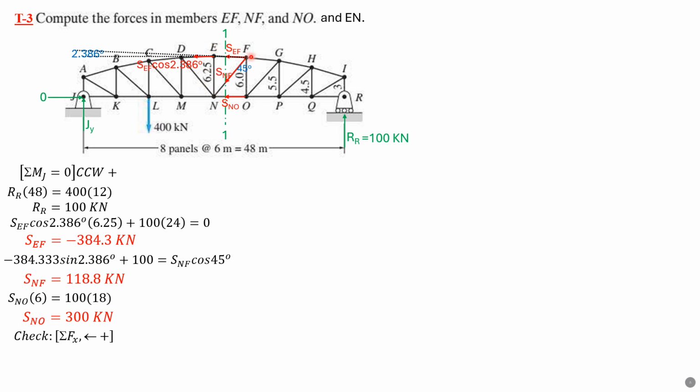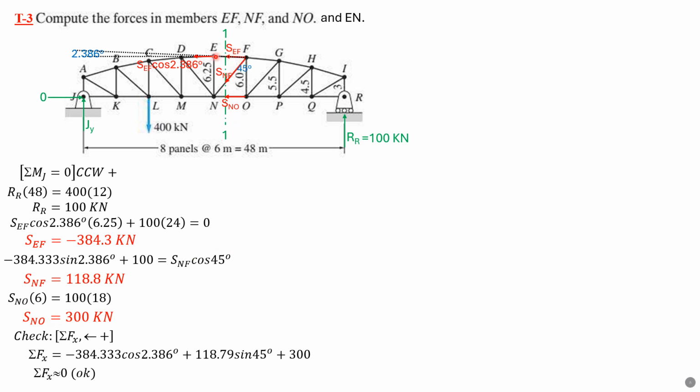Beginning with SEF, negative 384.333 cosine of 2.386, plus the accurate value of SNF, 118.79 sine of 45 degrees, the horizontal component of SNF, then plus SNO, which is 300. Using your calculator, summation forces X is almost 0. So we surely got the correct values for these three members.